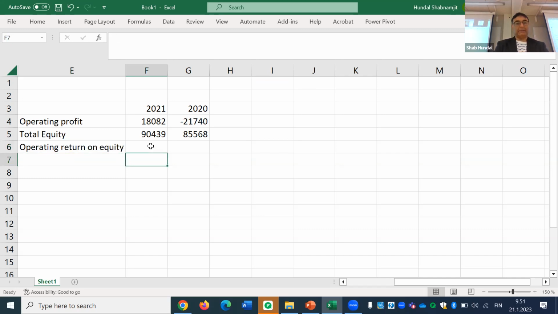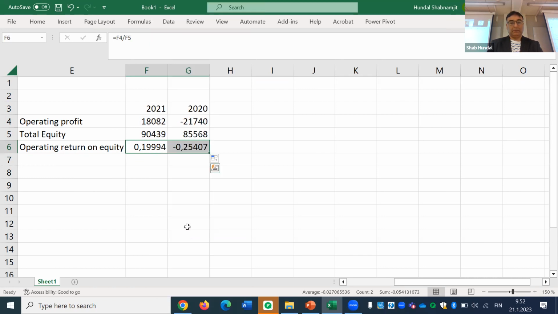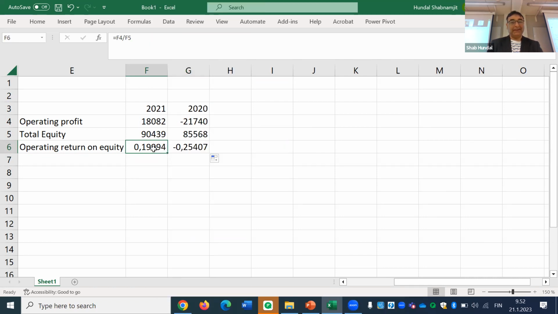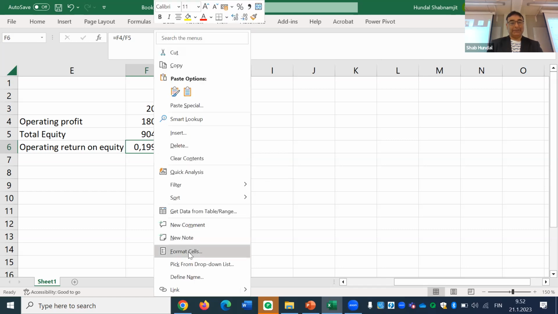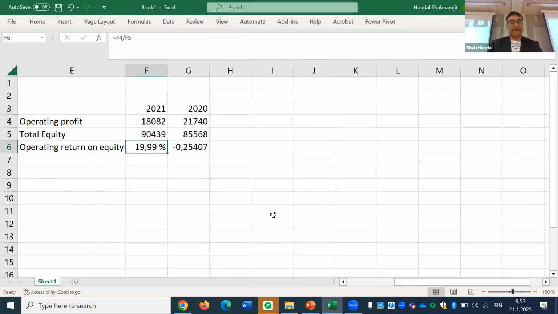So it's quite simple. Now we need to simply have a numerator and a denominator. And if I need to show them in the percentage format, then I need to format it, and it comes to be like this.